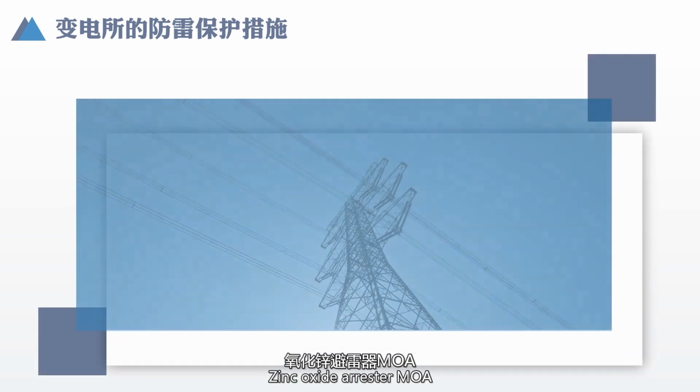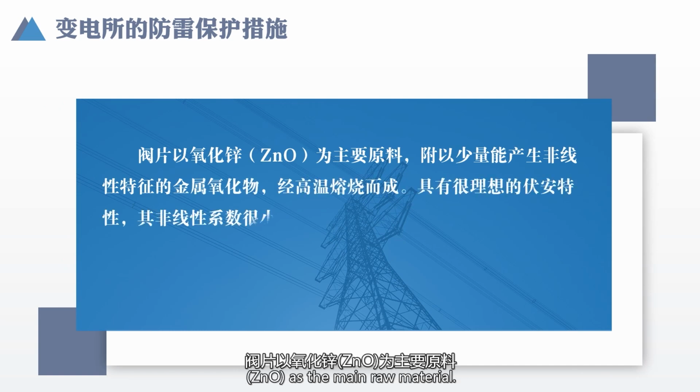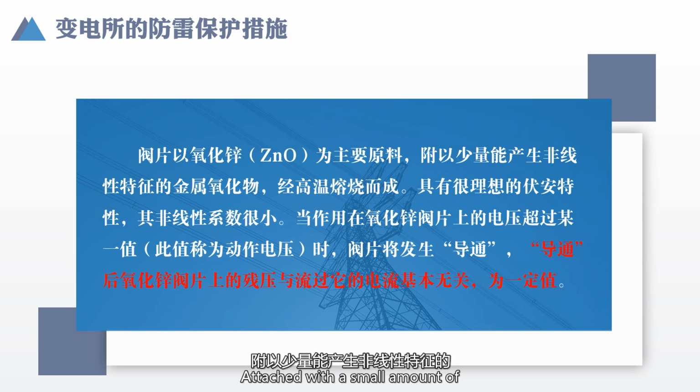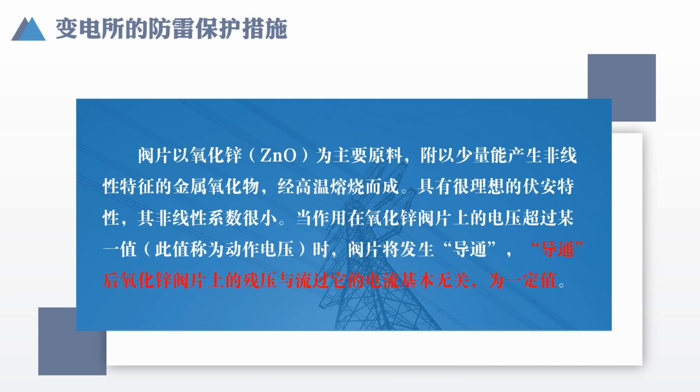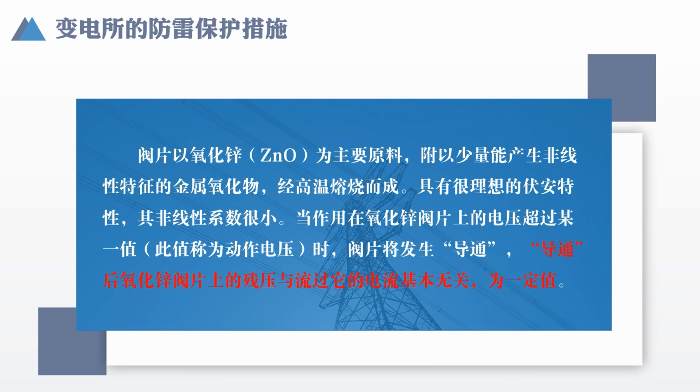Zinc oxide arrestor, MOA. The valve sheet is made of zinc oxide as the main raw material, with a small amount of non-linear metal oxides added. Made by high-temperature melting and burning, it has ideal volt-ampere characteristics. Its nonlinear coefficient is very small.